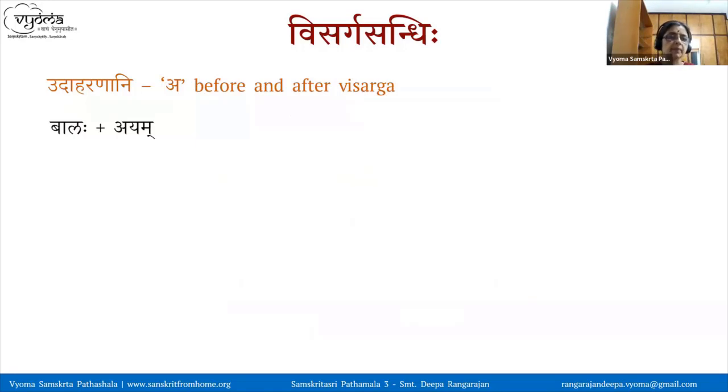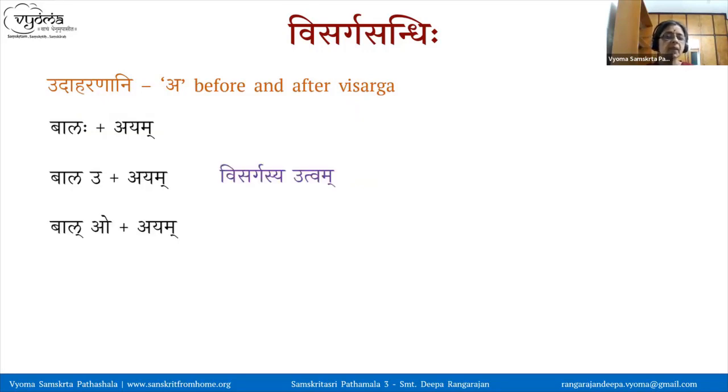Balaha ayam. So before the visarga, there is an akara. And after the visarga also, there is an akara. So what happened? The visarga becomes u. Bala ayam. This is the utva sandhi. Bala o ayam. The akara in bala has combined with the ukara, which is the replacement of the visarga.